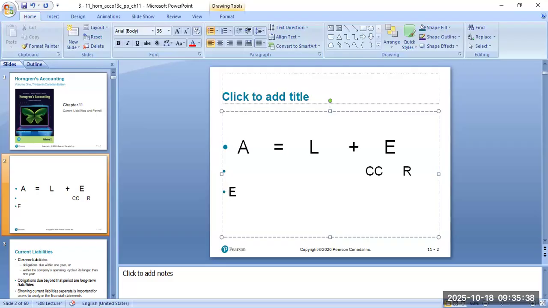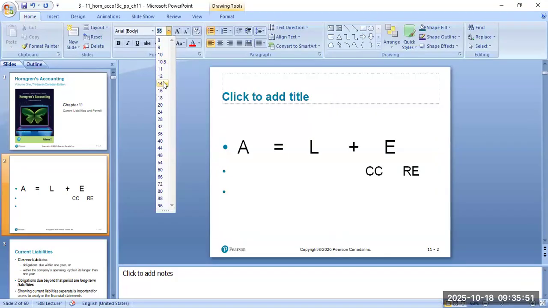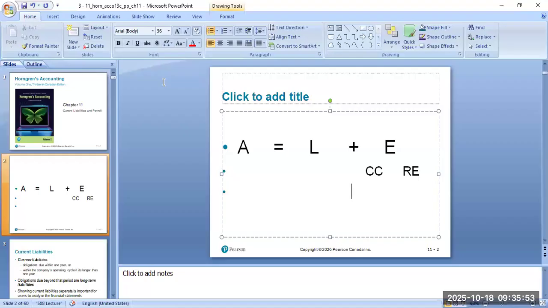So here, under the contributed capital, we're going to have preferred shares. We may have common shares.